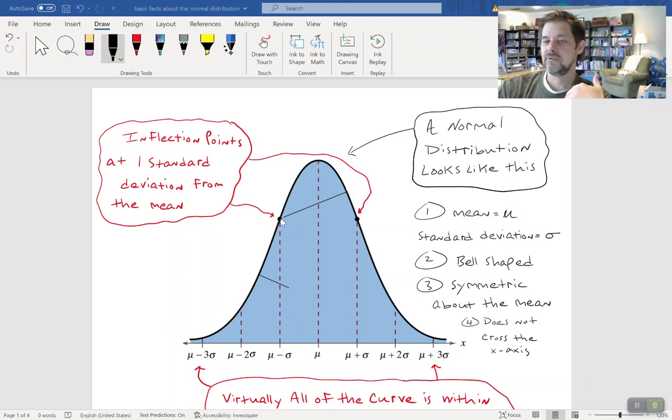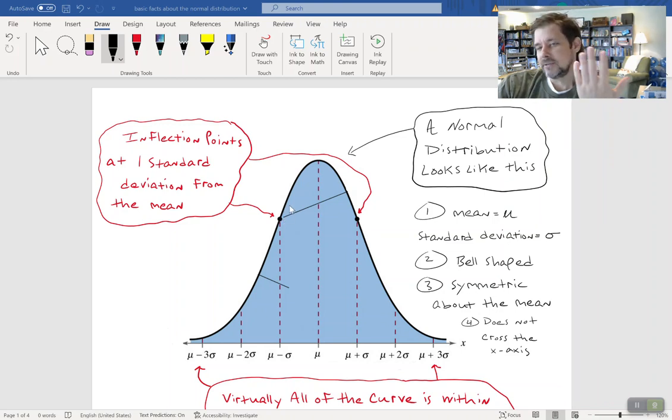The inflection point is where it makes that change. On the other side it's going down, and then it gradually starts sloping up. So that's how the inflection points are described. It's where the curve's changing direction.